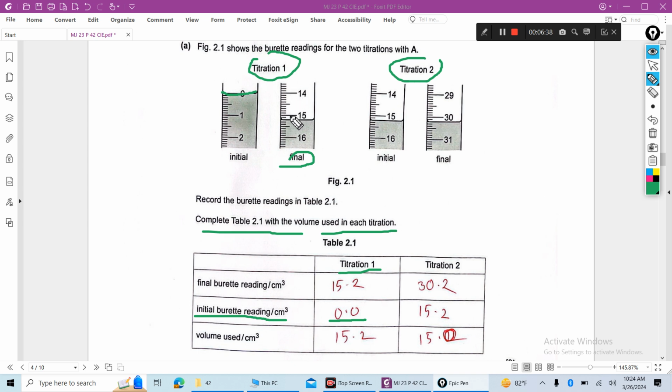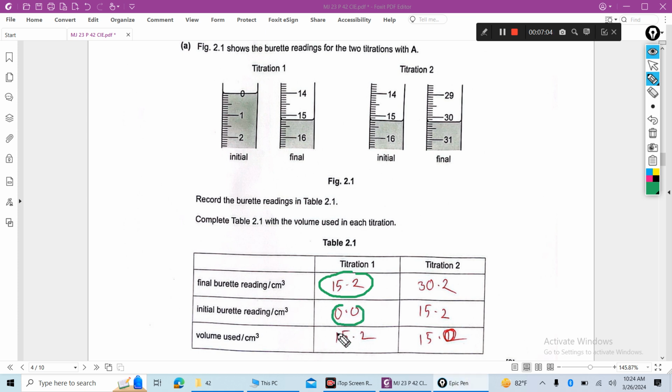One small division is 0.1, so 2 small divisions, 15.2. Now how much volume is used? Final burette reading minus initial burette reading, 15.2 final, initial 0.0, so if you subtract you will get 15.2 volume added.